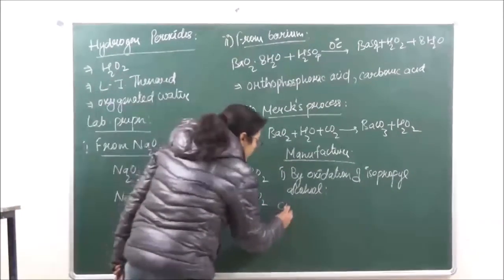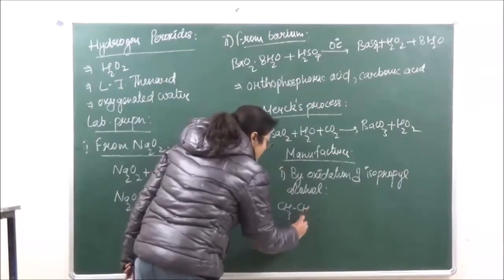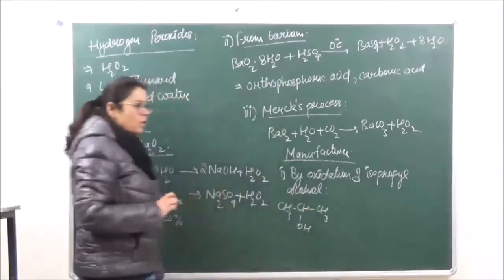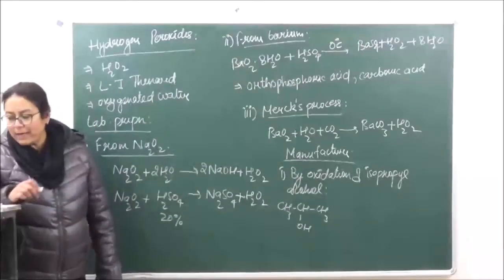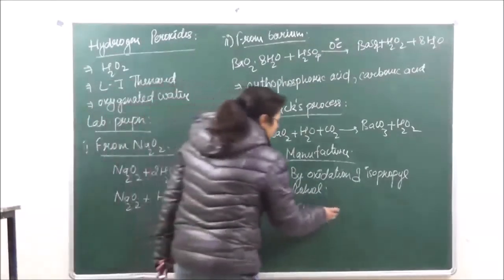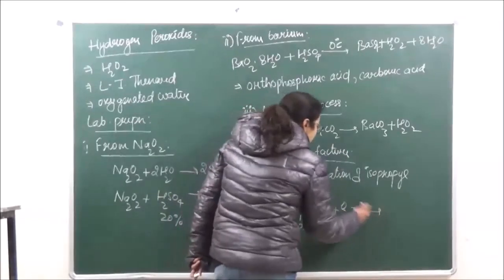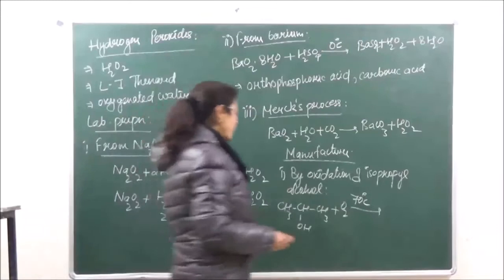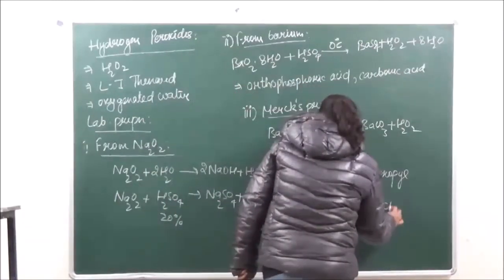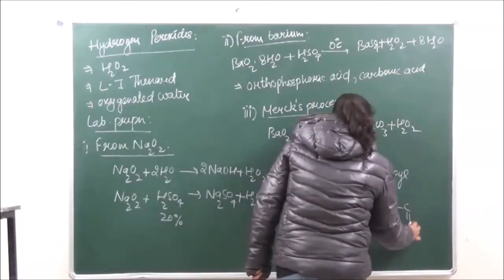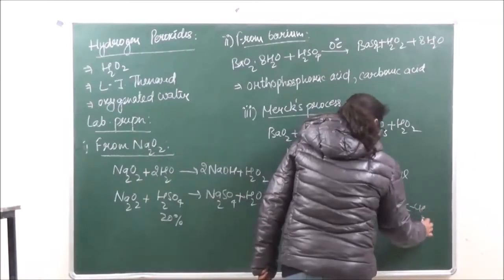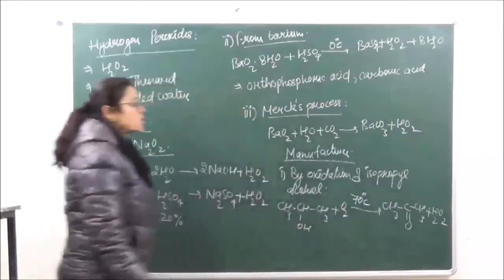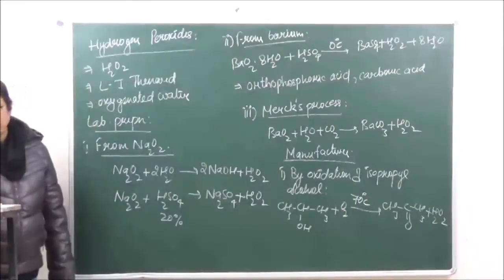So we have over here isopropyl alcohol, okay, this is the formula for isopropyl alcohol, and over here we are going to oxidize it at 70 degrees Celsius, when we are going to get acetone plus hydrogen peroxide, acetone plus H2O2.